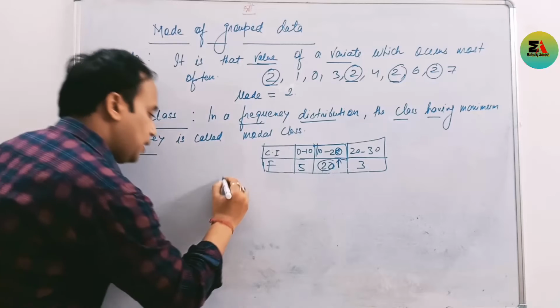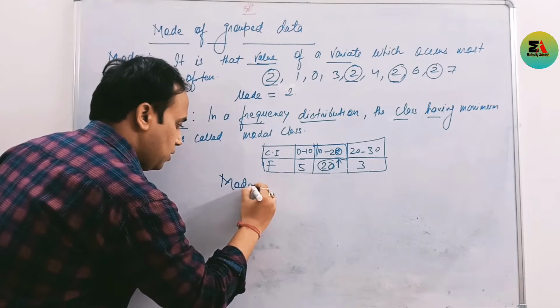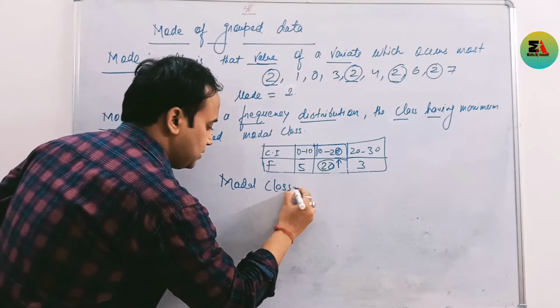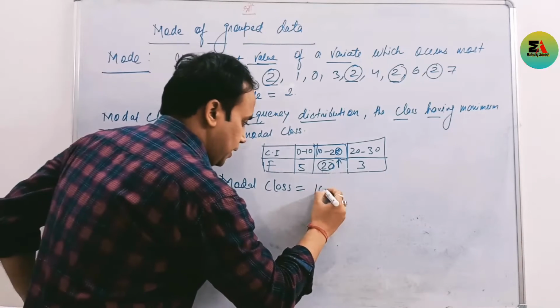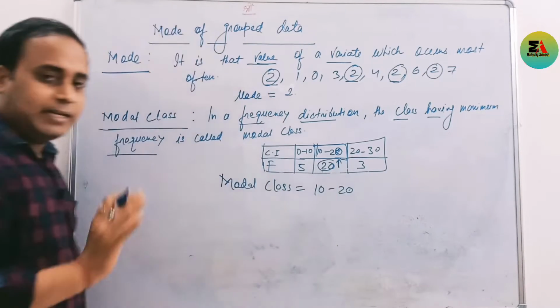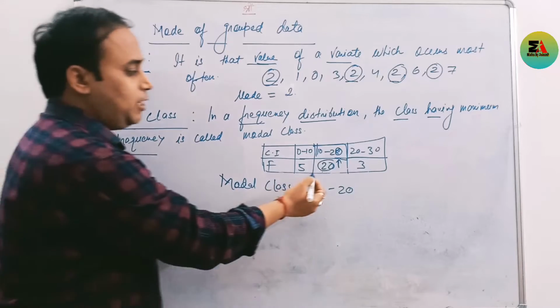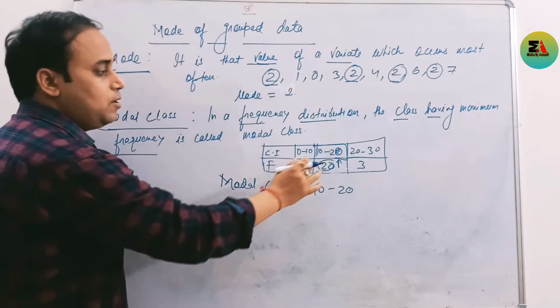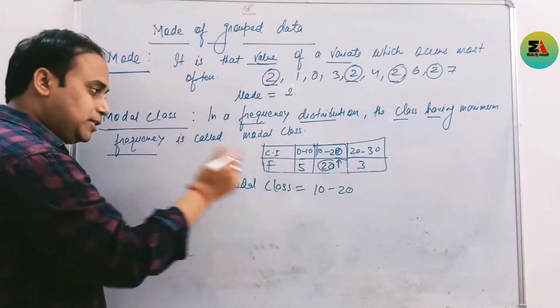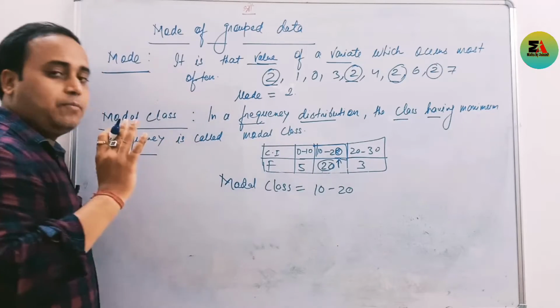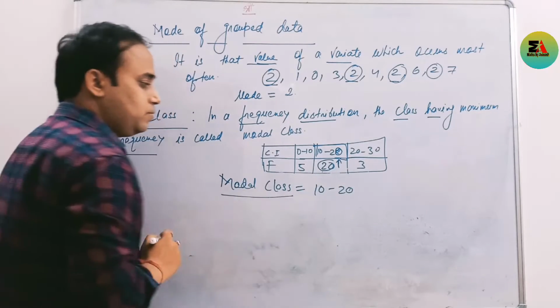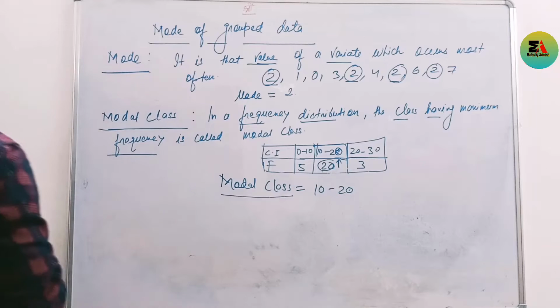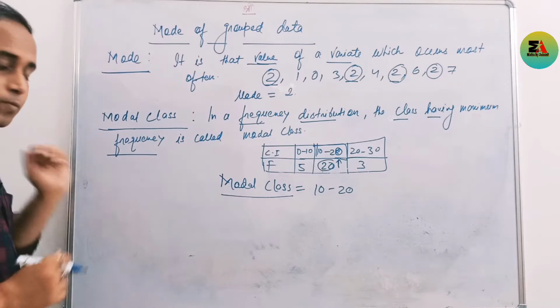Therefore, our modal class will be 10 to 20. That will be known as the modal class. I hope this one is clear to you.